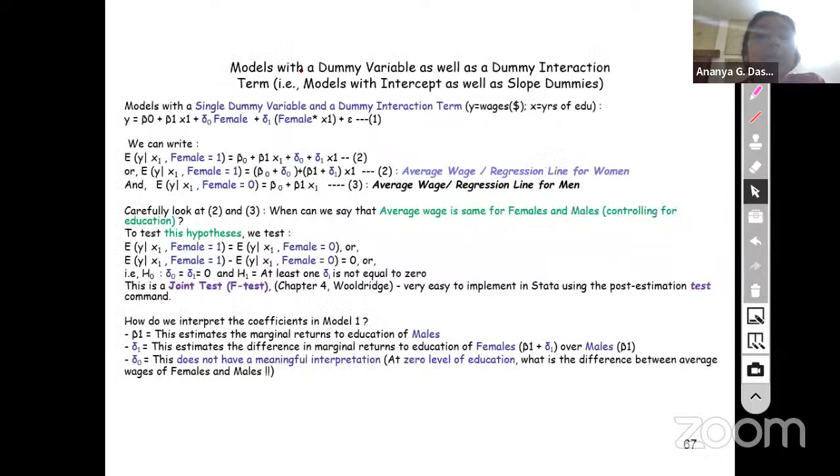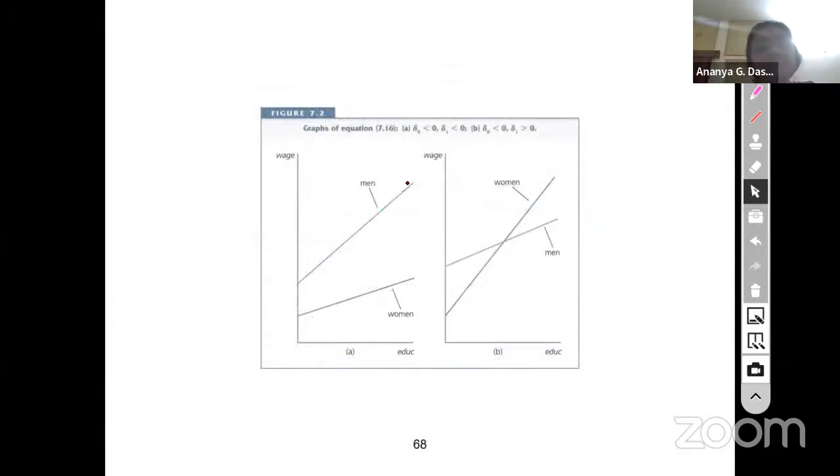Right. Now you can also have a model with intercept as well as slope dummies. Now, what is a slope dummy? First of all, you can have these sorts of situations, right?